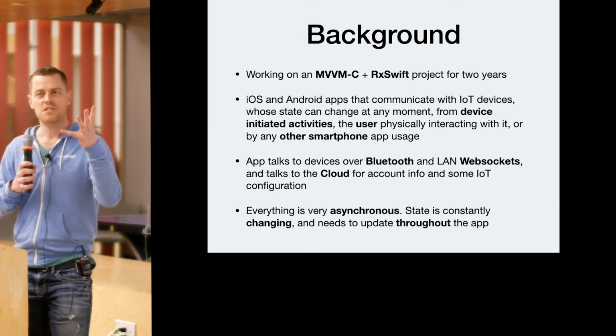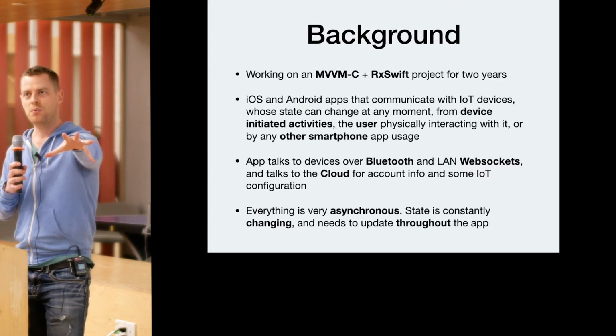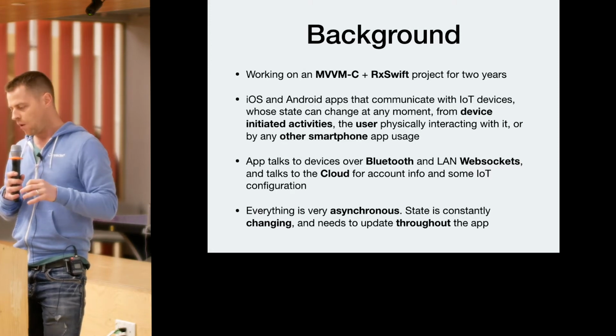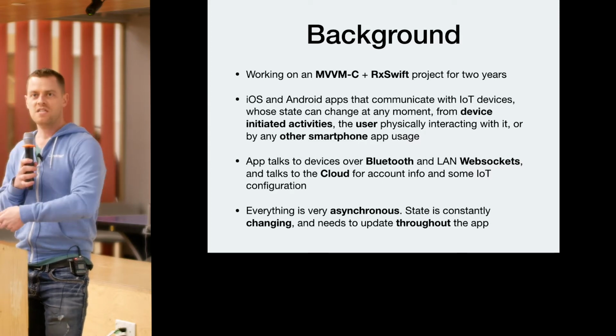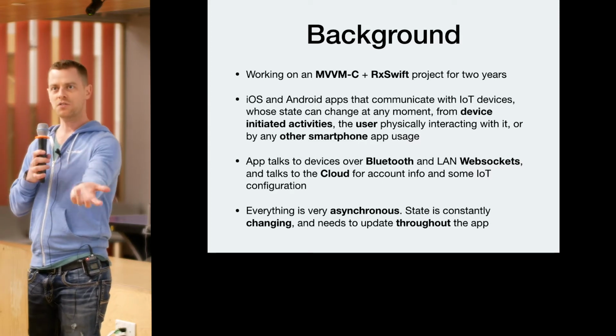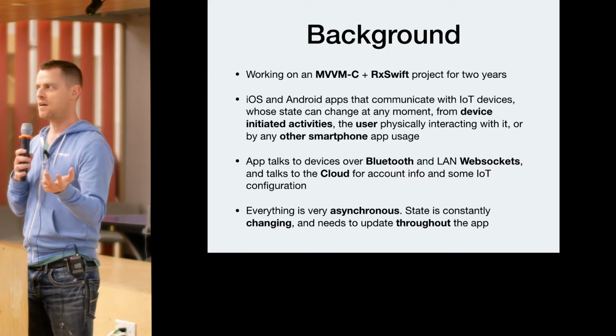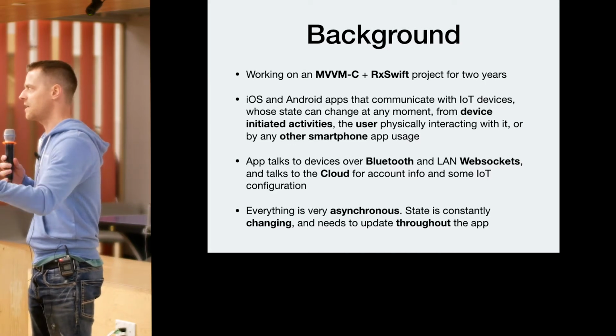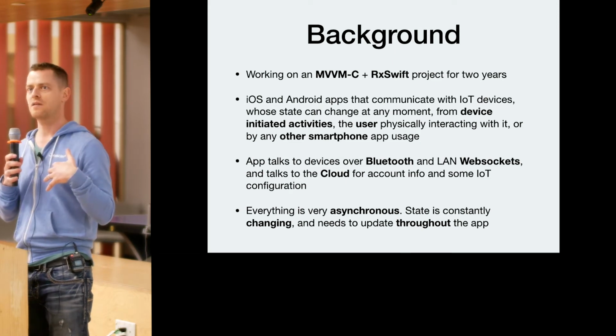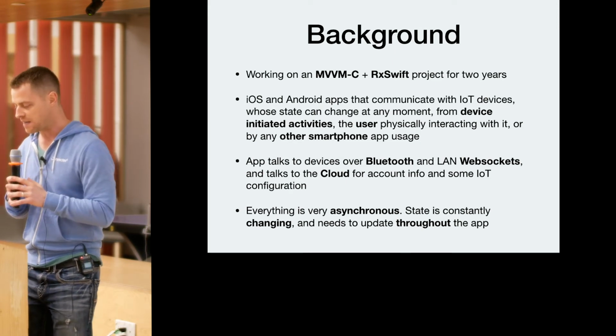The device could initiate some activity and push data to the app, or the user could interact with the device, or you could have another smartphone that's also talking to the device. So you couldn't have an architecture that assumes I did a user interaction and then things happen due to that. That just wouldn't fly.